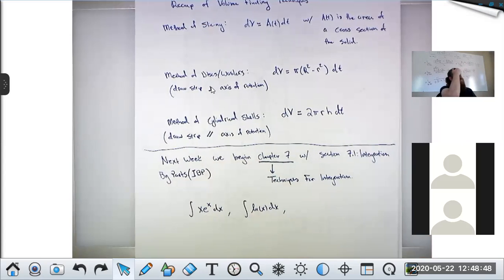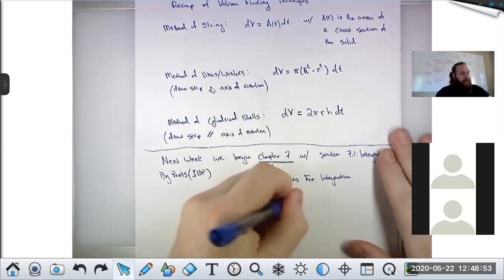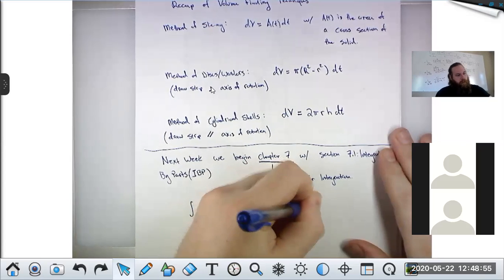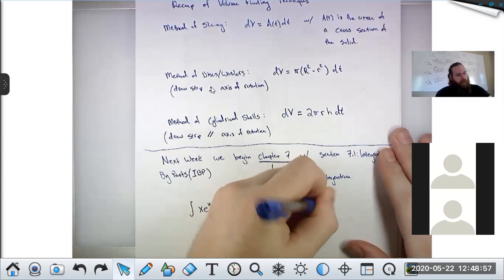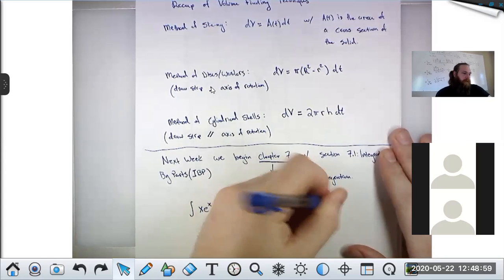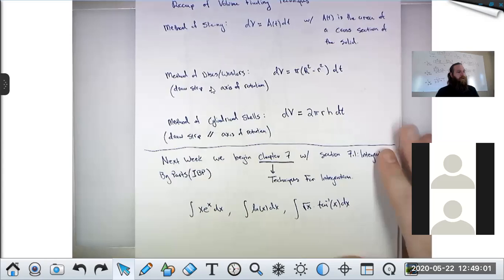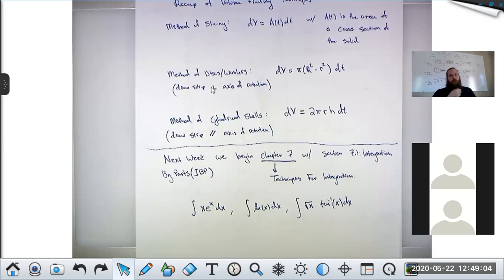What are other things that require IBP? And there's so many. You take really just any two functions that you know how to integrate on their own and multiply them. So you're like any polynomial times any trig function.